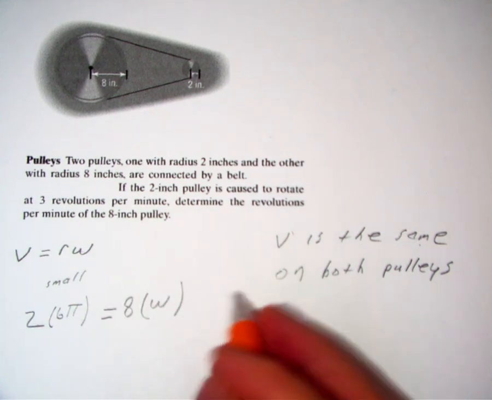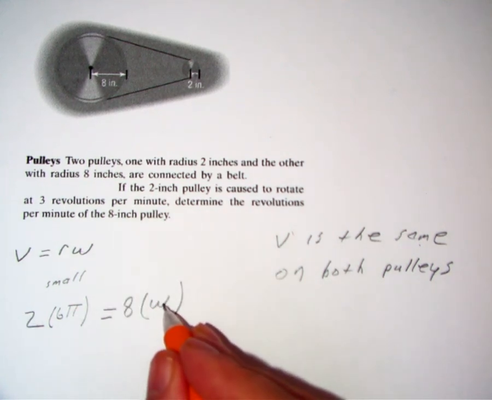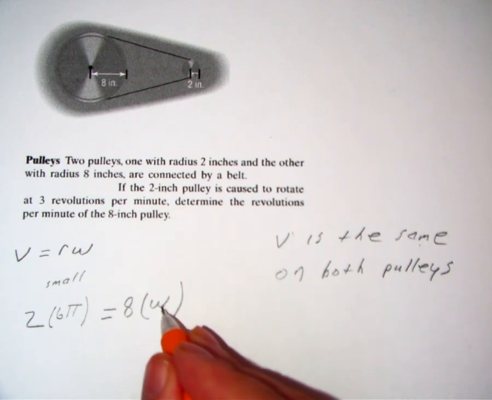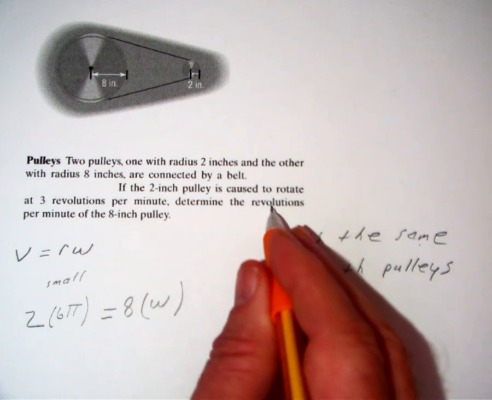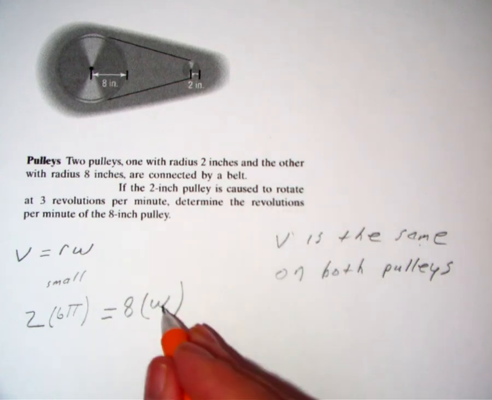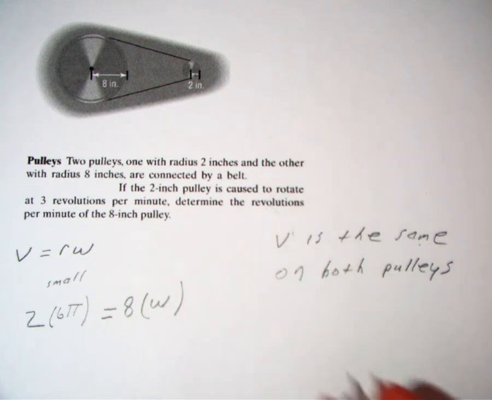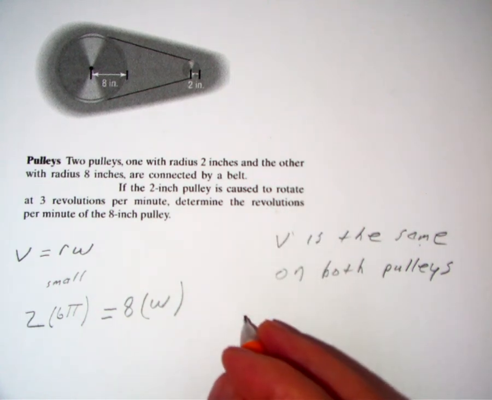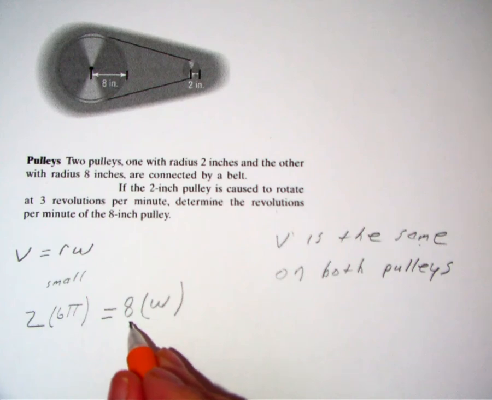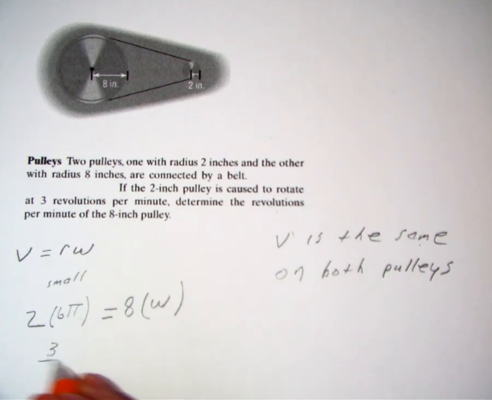So now we're going to get it in radians, right? And we'll have to divide by 2 pi to knock it back down to revolutions, right? So we'll be dividing this by 2 pi to get revolutions per minute. So, 12 divided by 8, this looks like 3/2 pi right here.